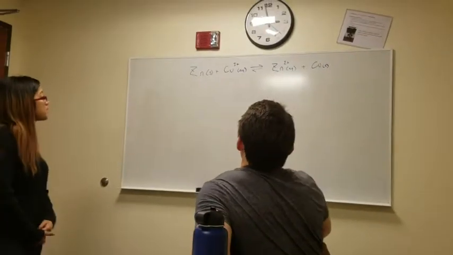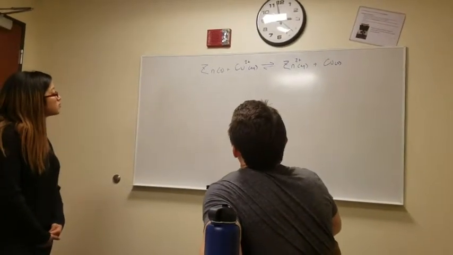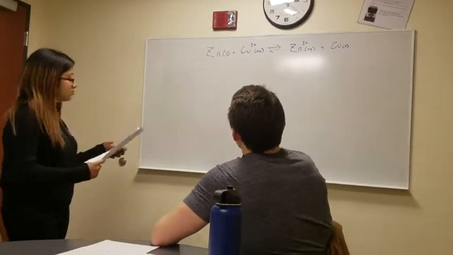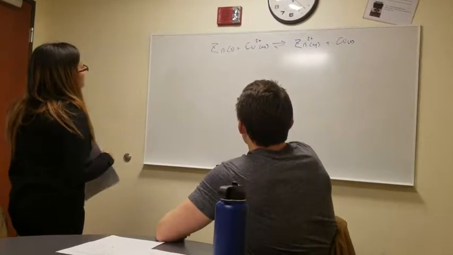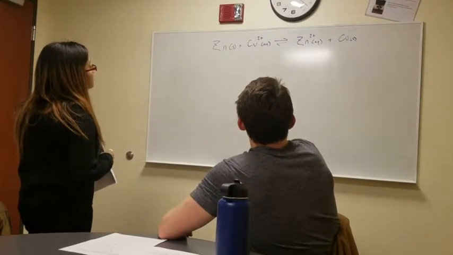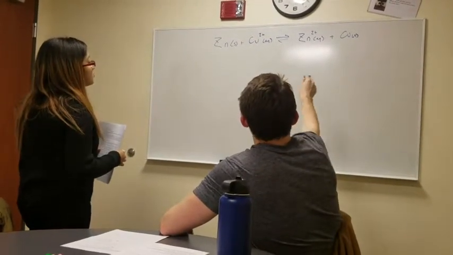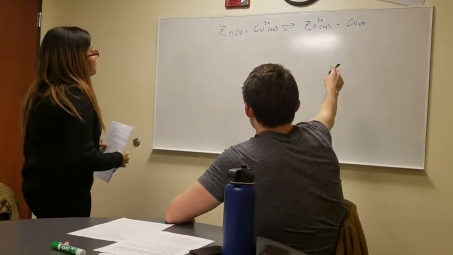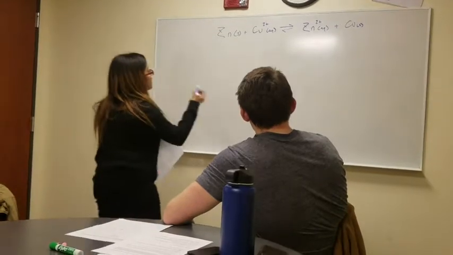Okay, so we would have to have 2 equations. We need copper 2 plus on the left, going from plus, it's gaining electrons. The reduction half reaction would be copper 2 plus to copper solid, right? Okay. So let's try that.